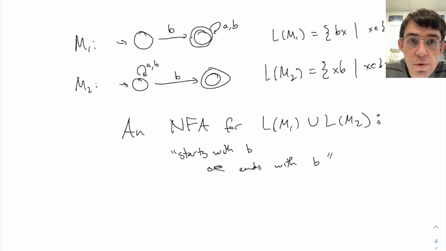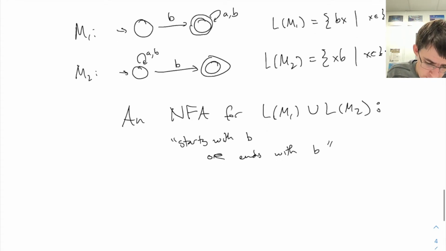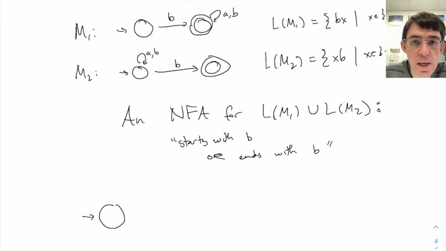There's a very simple little trick you can do to get "or" on an NFA. Here's what we do. We start with a dummy state, which is the starting state. Then I put two epsilon transitions, and they each plug into the starting states of M1 and M2.